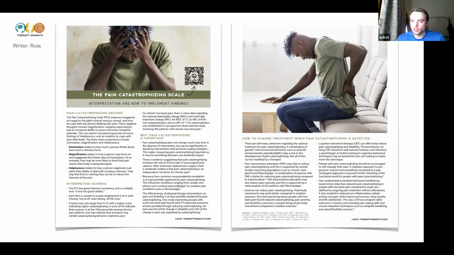And then also encouraging self-management and a stepwise approach to progression, where instead of saying, when they have pain, okay, we're going to stop that and move to something else, saying, okay, well, a little pain's okay, let's keep doing this. That also might be helpful for people with pain catastrophizing.